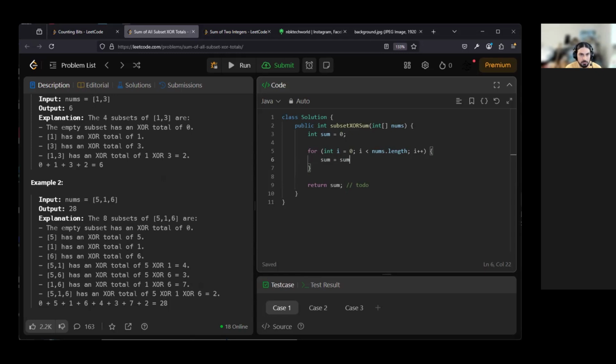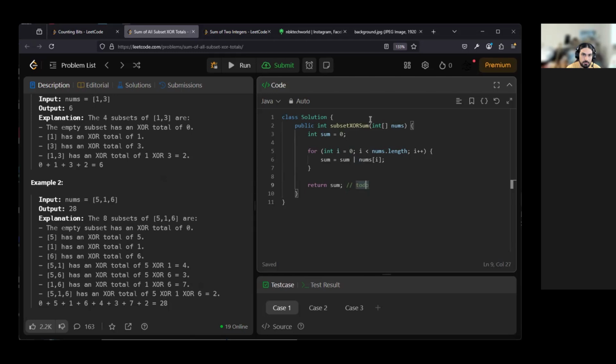sum is the sum OR nums at i. So this operator here is bitwise OR. You're going to compute all that OR, but if you notice in the output, it's always shifted by those zeros. If I take those zeros, it's always n minus 1 shifted.